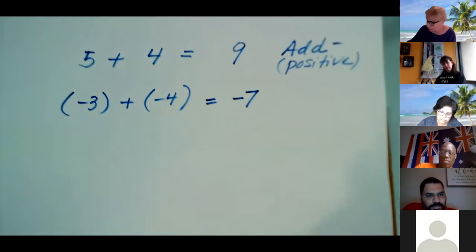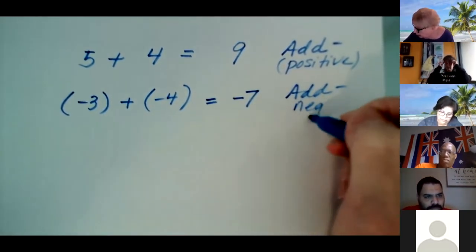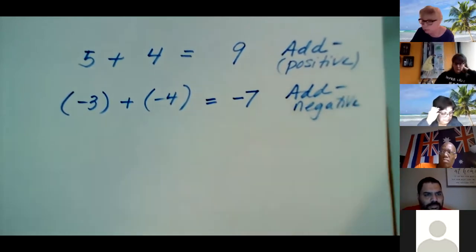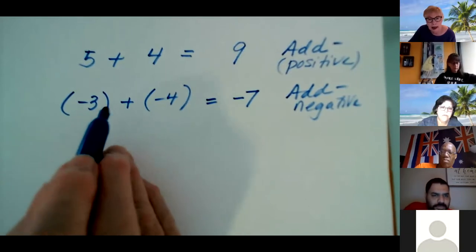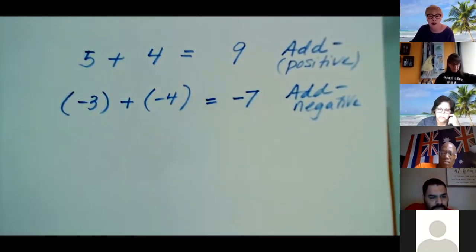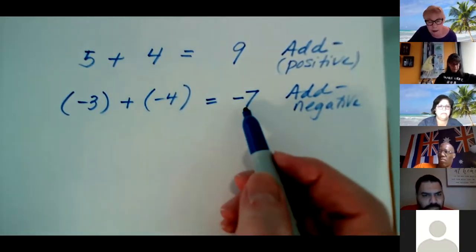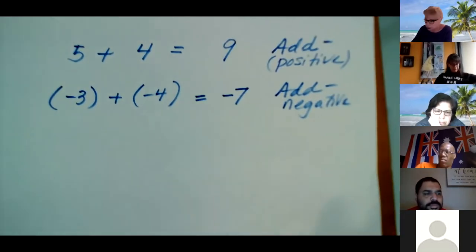It's -7. So I add the absolute value, but it's been negative. I think that makes sense. When you're doing negatives and negatives, you end up further negative. And it's the same about temperature, or it's the same about borrowing money.